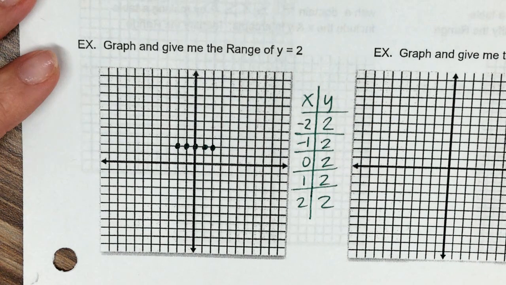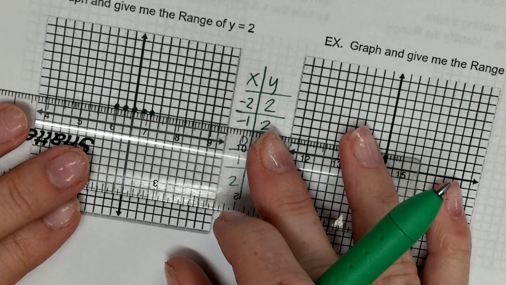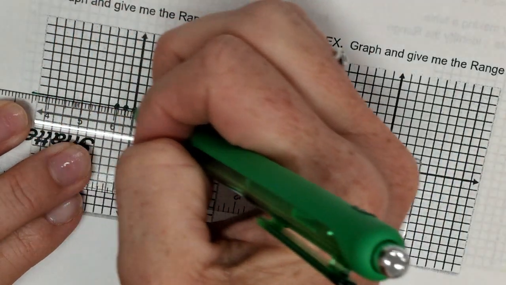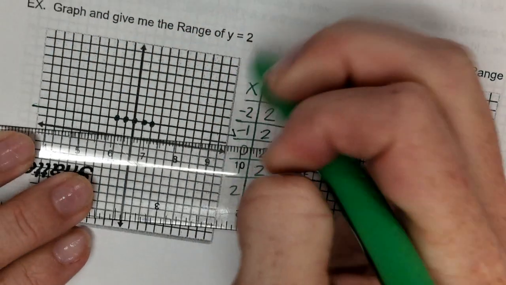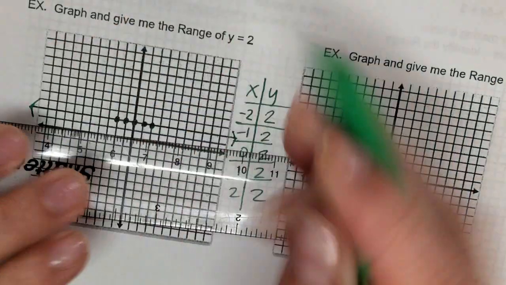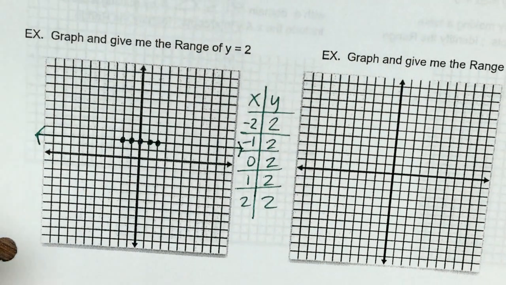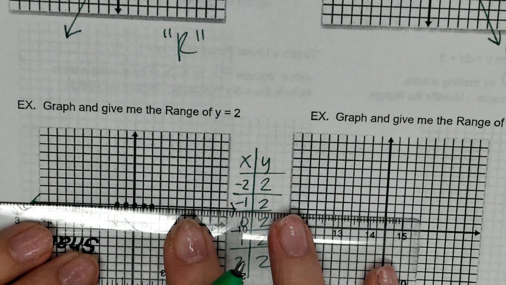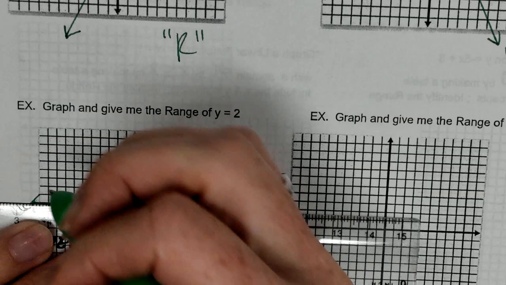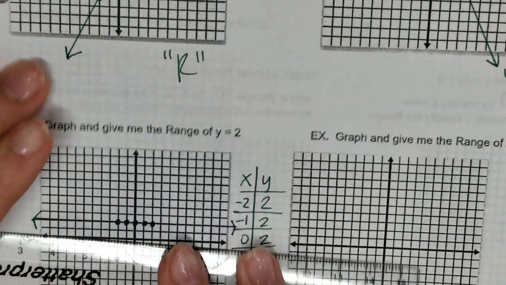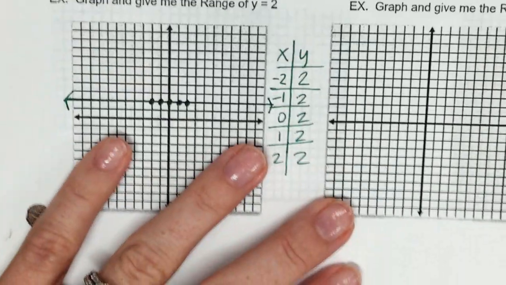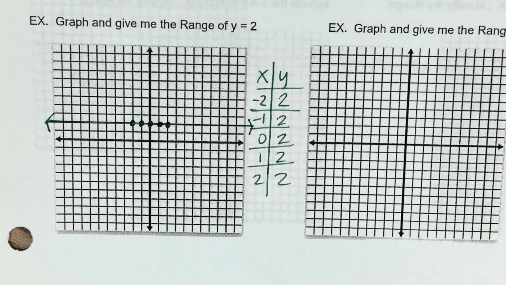Will this be arrows on both ways? It's going to keep going forever, right? Yep. Now, let's talk about the range.